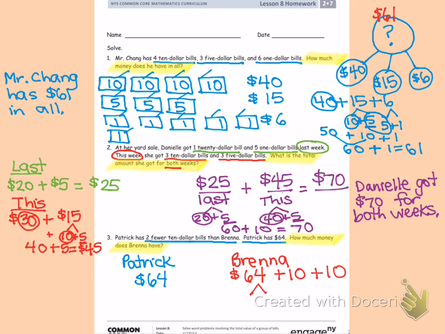If I were decomposing, I would have a 60 plus a 4. And then I would circle my tens. So that 60 plus 10 is 70, plus 10 more is 80. And then don't forget those ones, 80 plus 4.